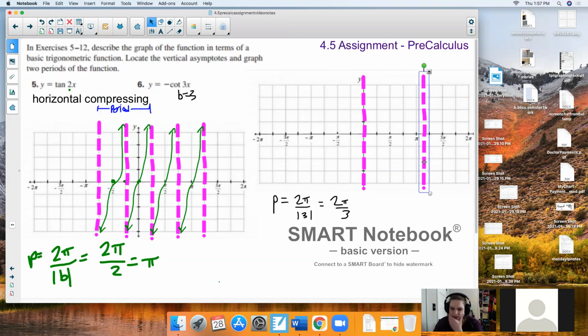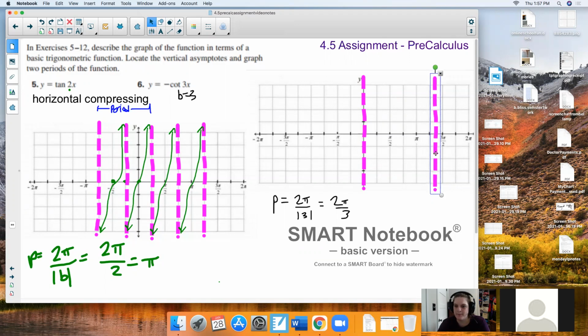So let's see, 2 pi divided into 3 is not really in here nicely. So it's about here. 2/3 of the way to 2 pi. Let me think about that for a second. Because pi, and we want 2/3 of pi.